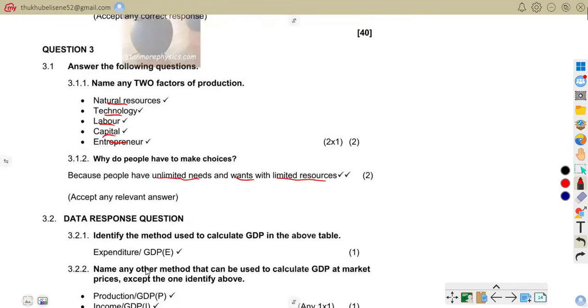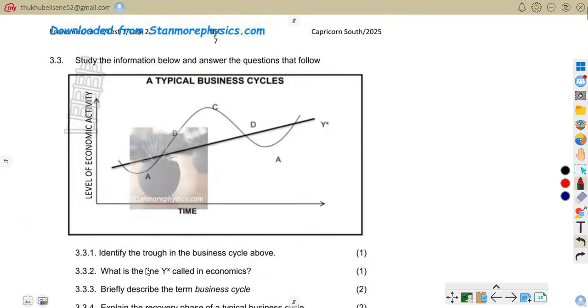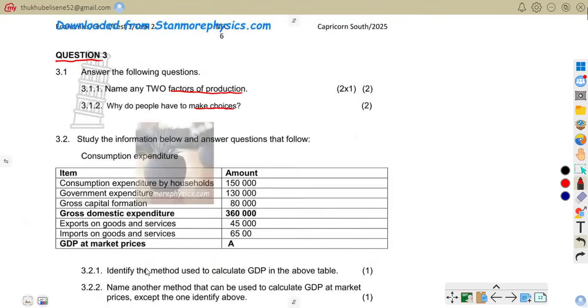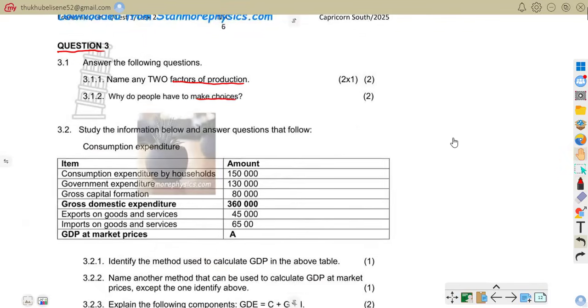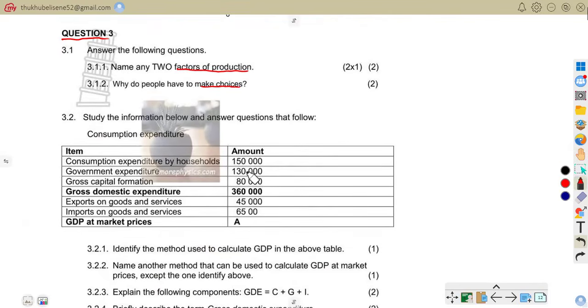So now let us come to 3.2. Study the information below and answer the questions that follow. Here we are talking about consumption expenditure.